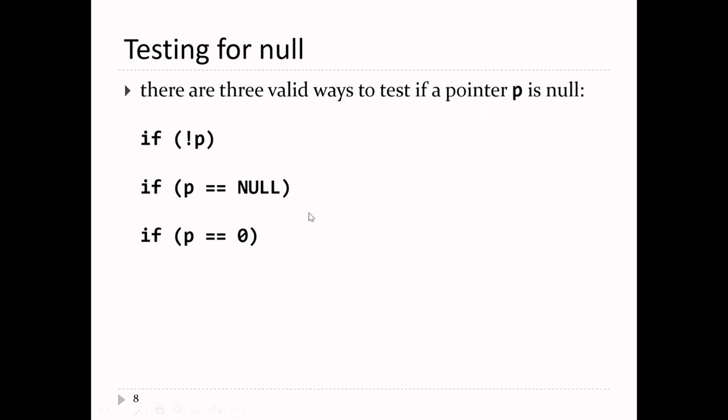So there are three different ways to test if a pointer is null in C. You can write if P equals NULL, which is probably the clearest for people new to C. You can write if P equals 0, but this looks like an integer comparison, or a Boolean comparison. That's the crazy thing in C: that could be a Boolean comparison, an integer comparison, or a pointer comparison. So I would discourage you from writing that. You can also write if not P, which also works to test if a pointer is null.